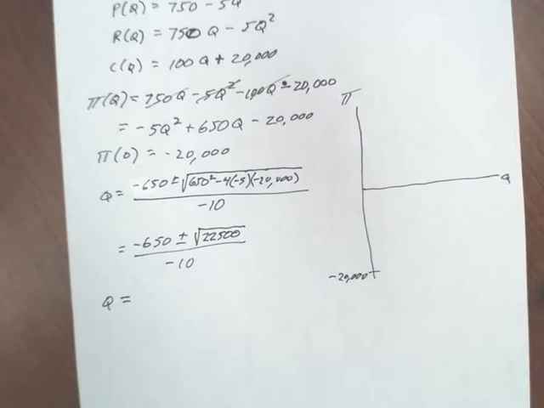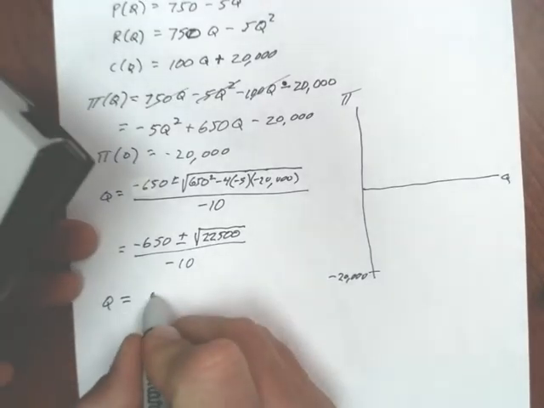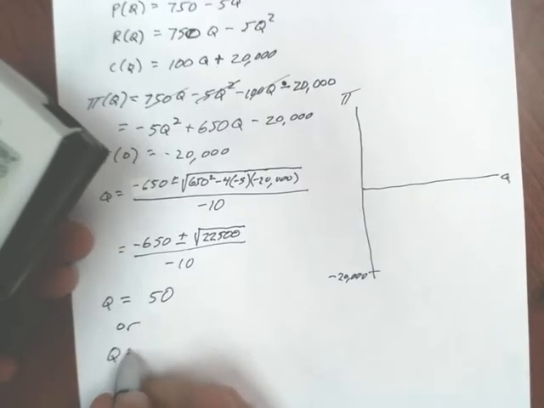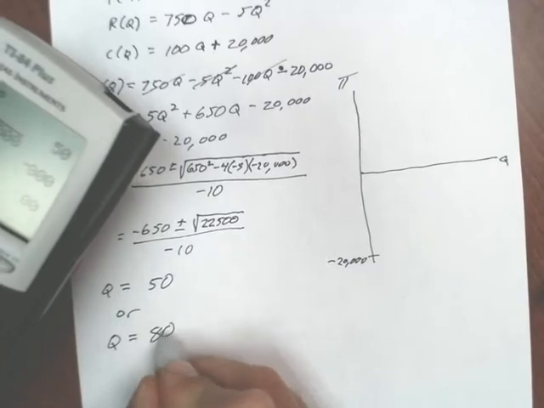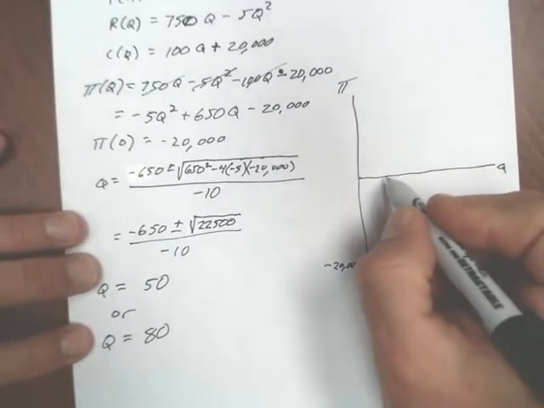So Q equals negative 650 plus the square root of 22,500 divided by negative 10, which equals 50, or Q equals negative 650 minus the square root of 22,500 divided by negative 10, which is 80.